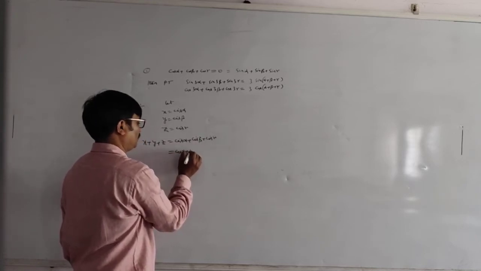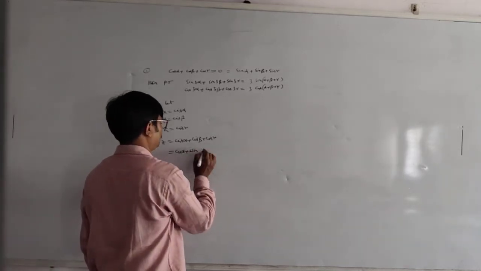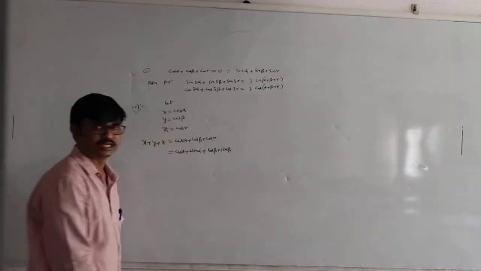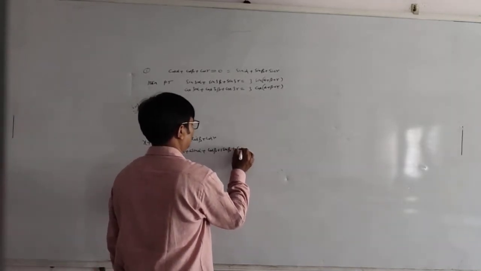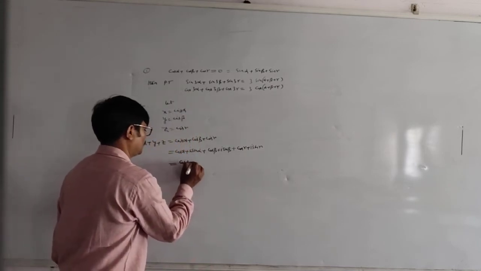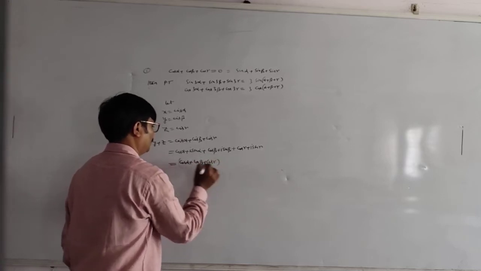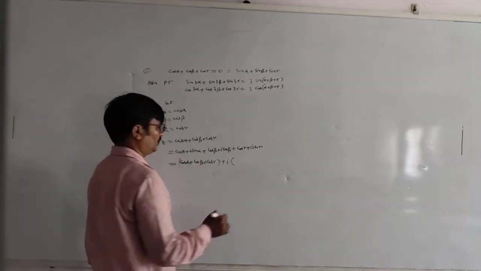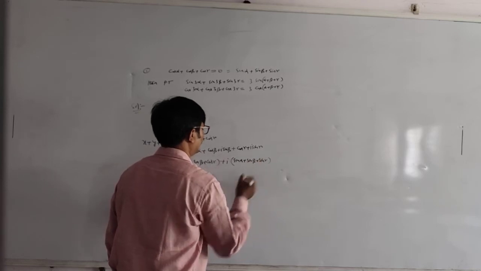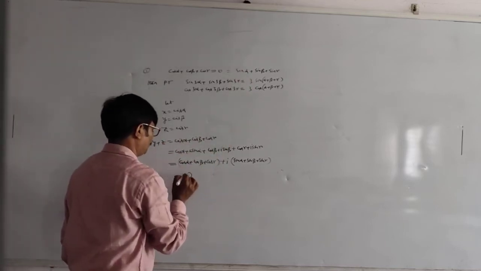That is cos alpha plus i sin alpha, cis beta is cos beta plus i sin beta, cis gamma is cos gamma plus i sin gamma. So students, cos alpha plus cos beta plus cos gamma, plus i common, sin alpha plus sin beta plus sin gamma. This value is 0, this is also 0, so the whole thing is 0.